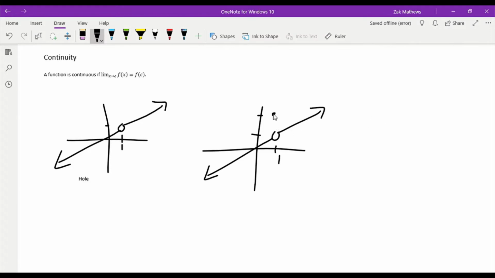We can also see that we have a function value, but because the two things are not the same, our limit is 1, our function value is 2, this is another discontinuous point, and we would say that this one is a removable discontinuity. Similar to the hole, but because we have that function value, it's not continuous for a different reason. We didn't have a function value, now we do, but it's not the same as the limit.